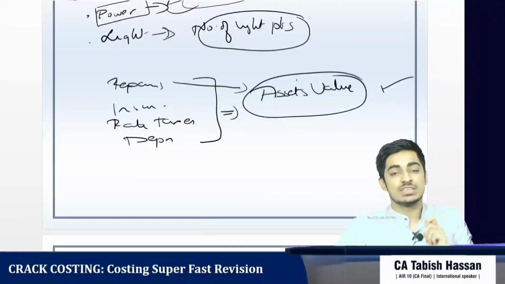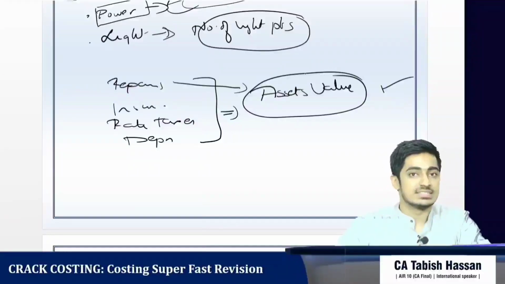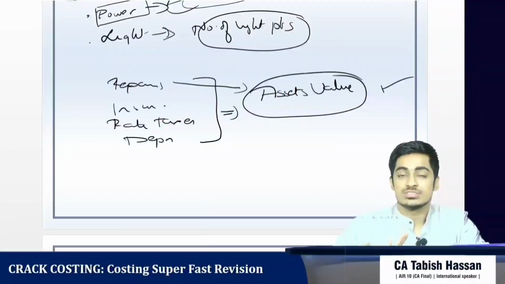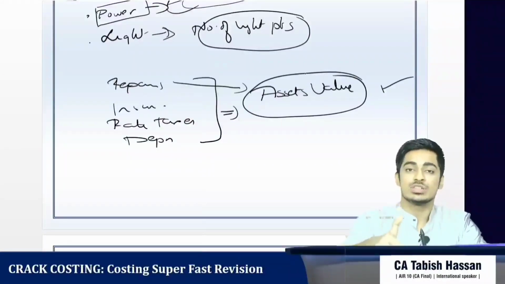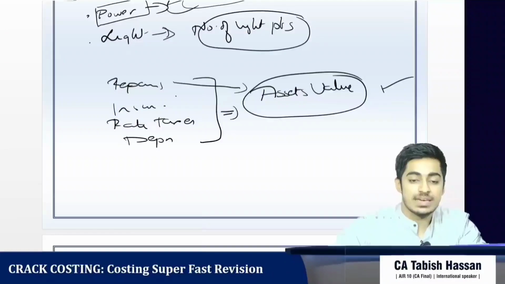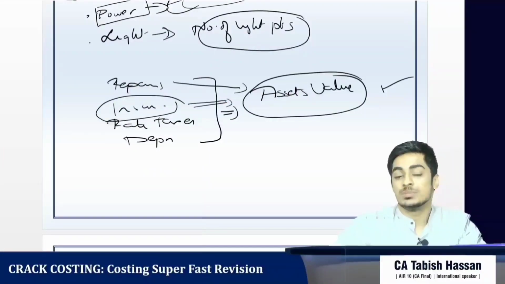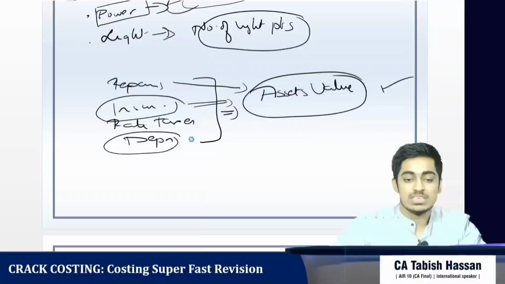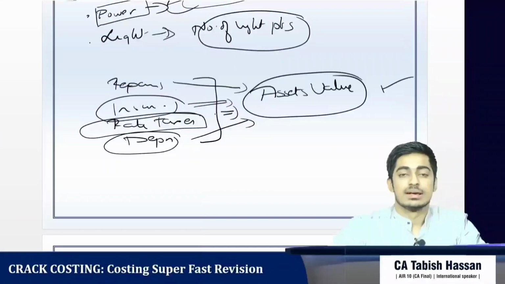Insurance, we generally do it for the assets. Employee related insurance does not come here. Employee related insurance forms part of labor cost. So it goes to the labor cost. Here the only insurance we have is the asset related insurance. So that also depends on the basis of asset value. Depreciation again is based on asset value. Rent and taxes. Here it means the municipal tax paid for the property.